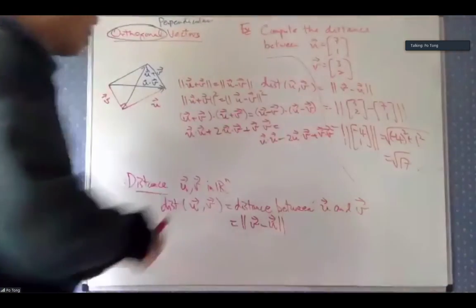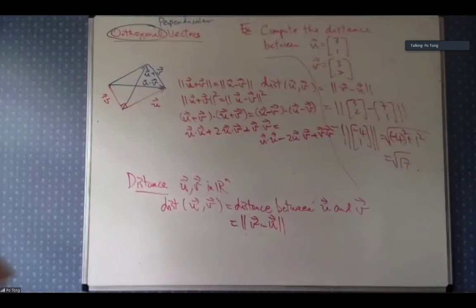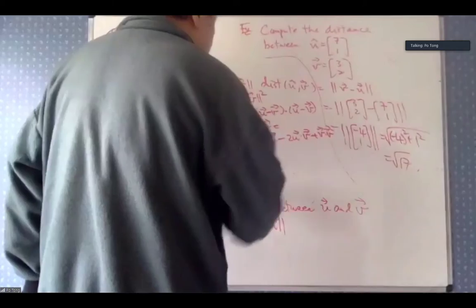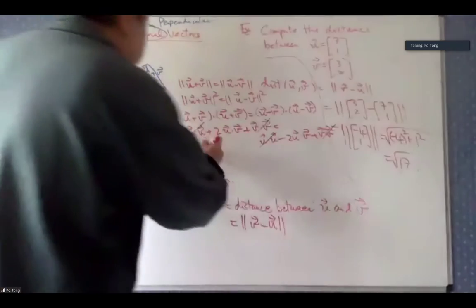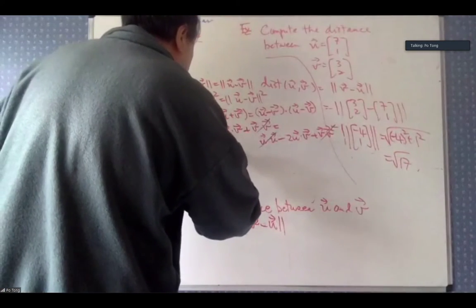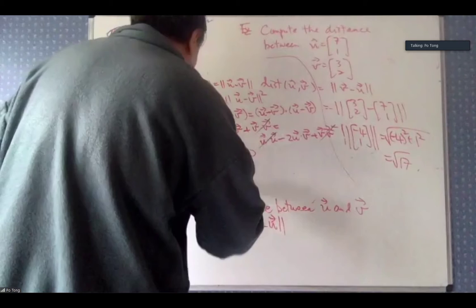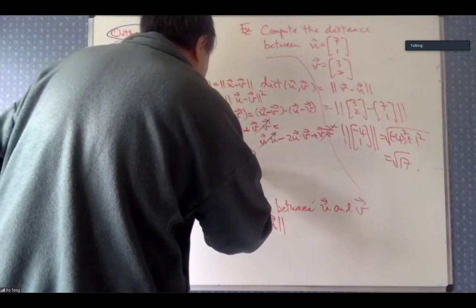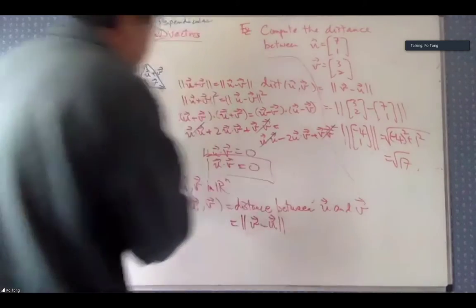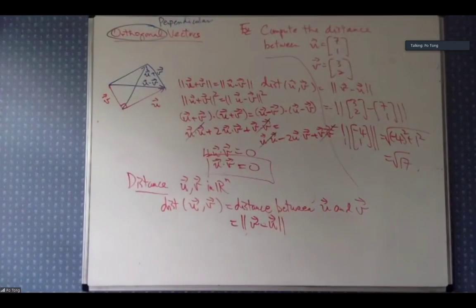So you compare the equations, and some of these cancel. This u dot u cancels with this u dot u, and this v dot v cancels with this v dot v. Then you end up with 4 times u dot v equal to 0, which means that u dot v is equal to 0.